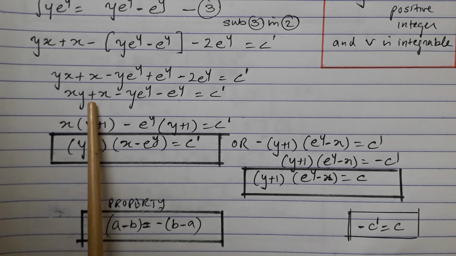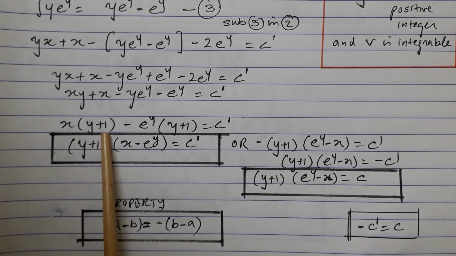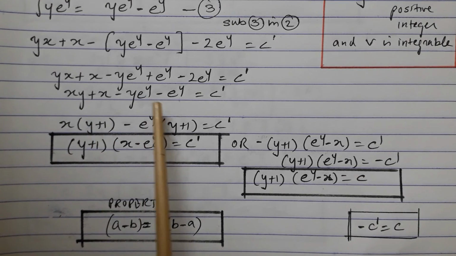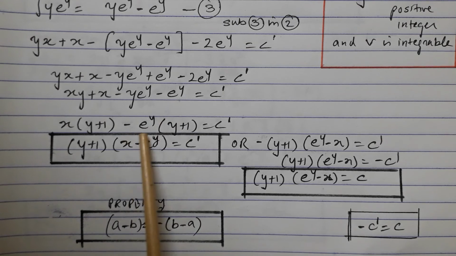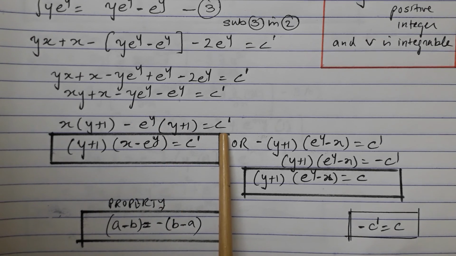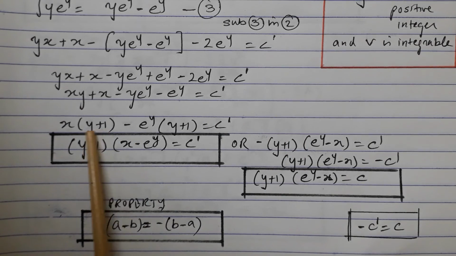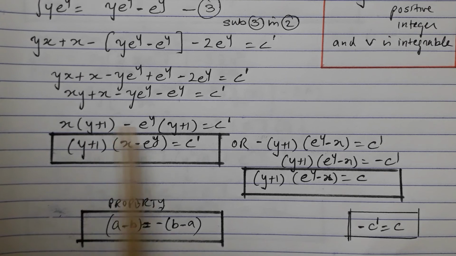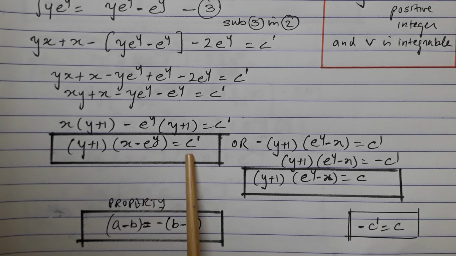We can take a common factor x, that is x into y plus 1, and here we can take the common factor minus e raised to y into y plus 1 is equal to c dash. Further we can take the term y plus 1 common, so it would be y plus 1 into x minus e raised to y is equal to c dash.